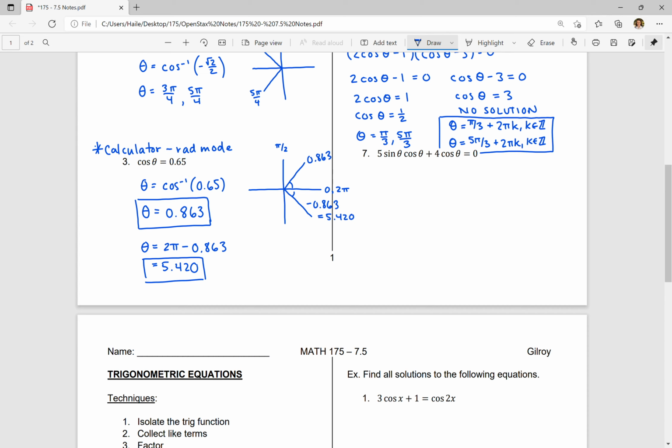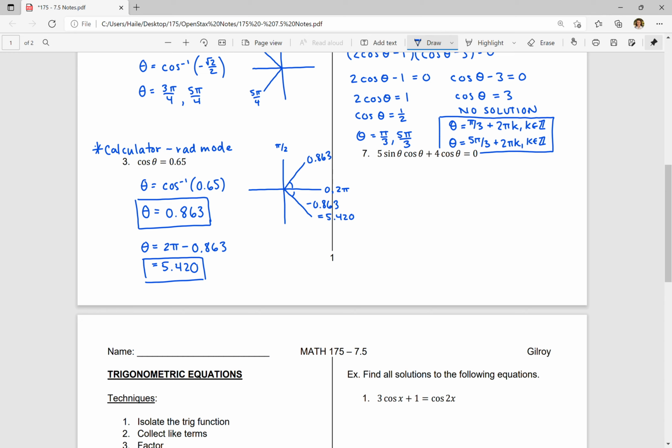So in this next example, we have 5 sine of theta times cosine of theta plus 4 cosine of theta is equal to 0. So just like a regular equation, we want to find some way to possibly factor this. A good hint is that it's equal to 0.